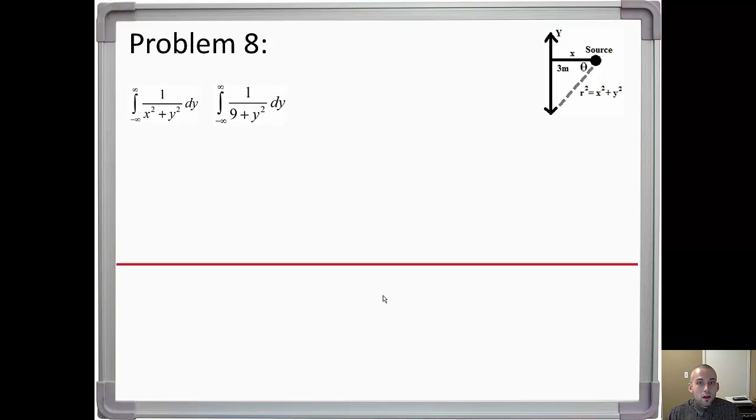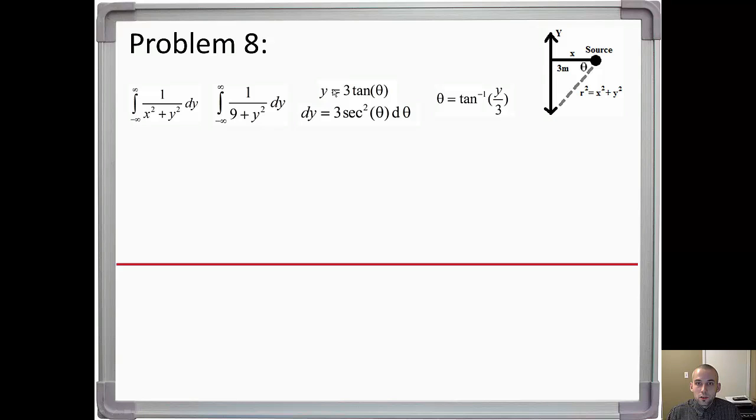Okay. So we're given x. In this case, it's 3 meters. So we can go ahead and sub that in. We'll square it, which is equal to 9. Now, we can calculate that y is equal to 3 tan theta. Tan theta is equal to opposite over adjacent, so it's equal to y over x, which is 3.